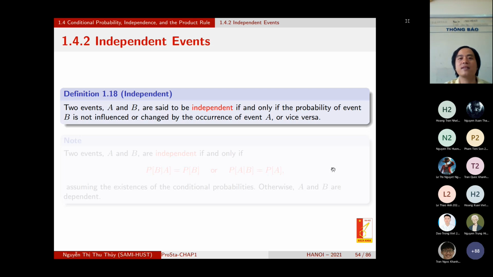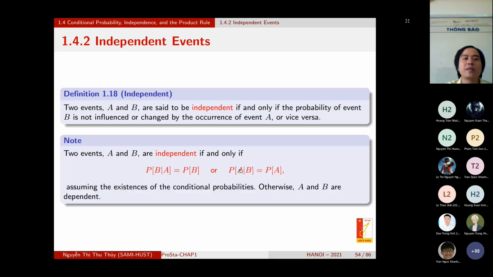What does it mean? The definition says that the probability of A given B or B given A does not depend on the condition. In other words, P(A given B) is equal to P(A), and P(B given A) is equal to P(B).